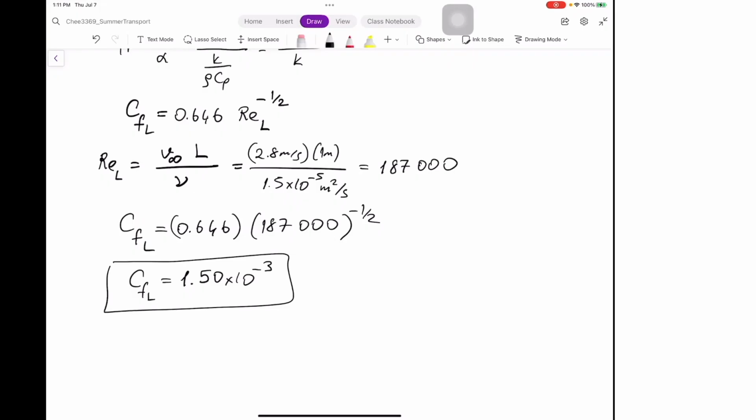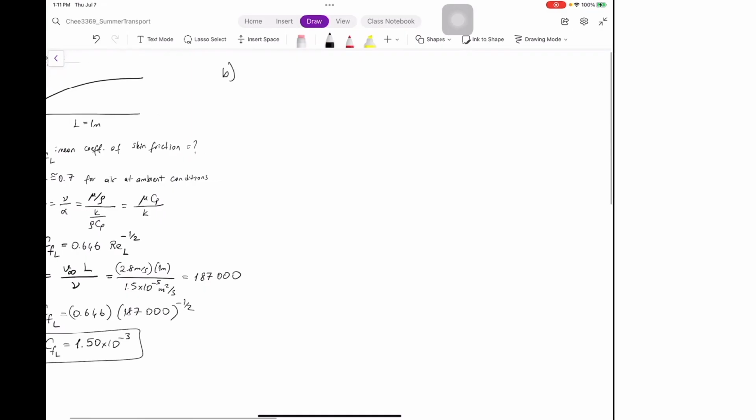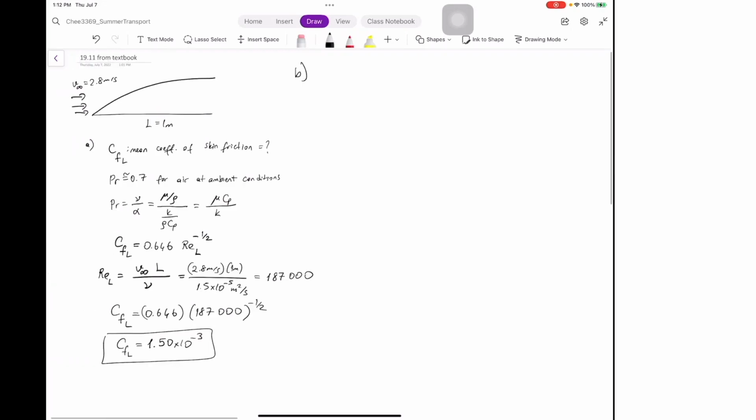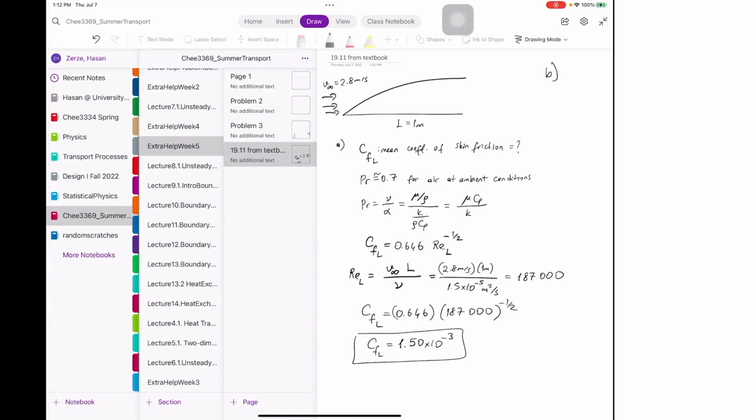Now, in part B, it says, what is the total drag force exerted on the plate by the air flow? So you check the drag force formula that we had already derived.